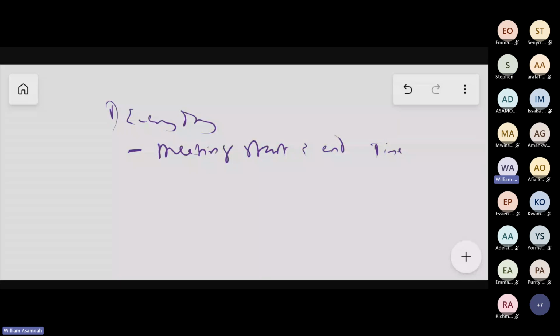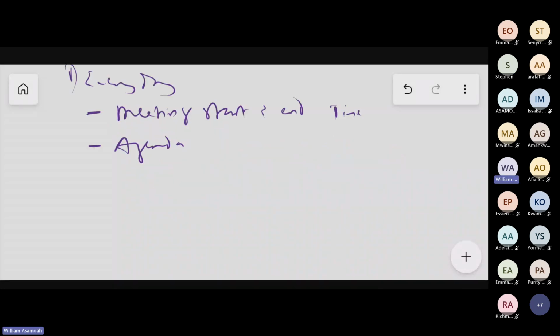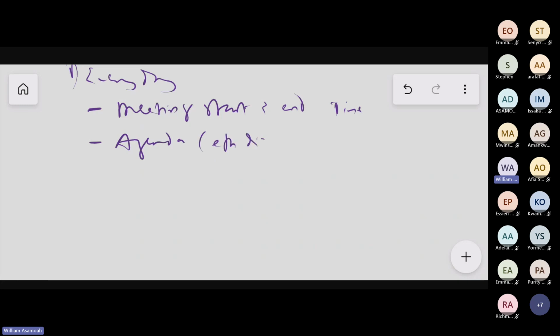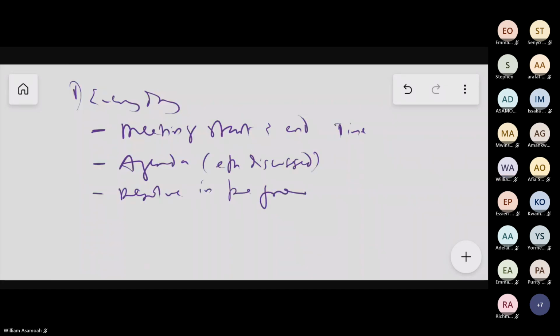Then the agenda, what you guys discuss, including everything discussed. So there must be a secretary. Then your resolutions in the group. For instance, you say, oh, we are committing this task to this person. He should go and read about this and educate us the next time we come. You have to put all of that in. Then the number of members that were present and the number that were absent.